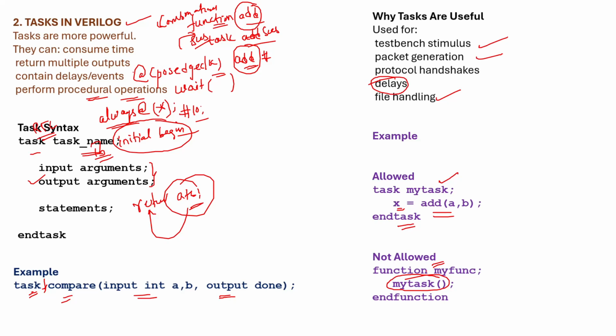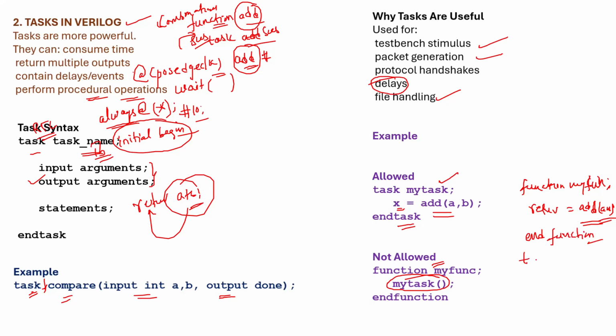Suppose you have written the function, my function, and written add a comma b. I have written some addition operation in this function, and end function I have written. Okay, this is my end function.